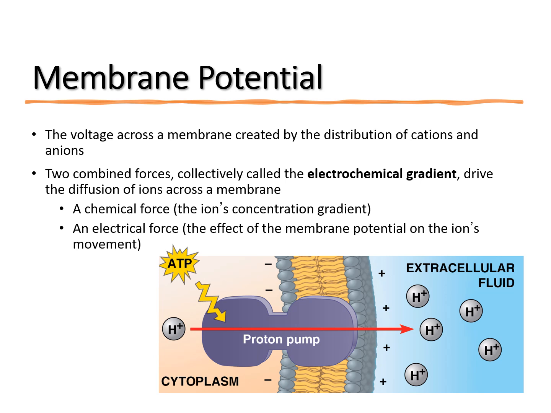We have a difference in the chemicals on either side, and we have a difference in the charge on either side of the membrane. And as you can see, hydrogen ions are being pumped out, and we have to use ATP in order to drive this proton pump because it's going against its electrical gradient and chemical gradient.